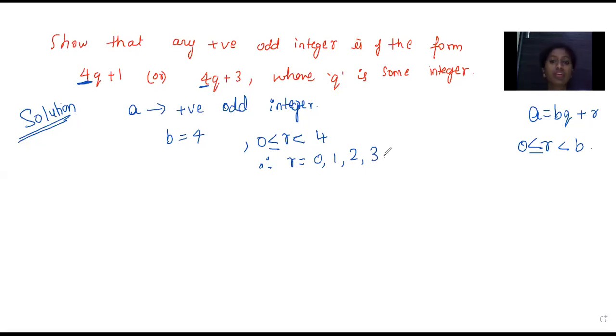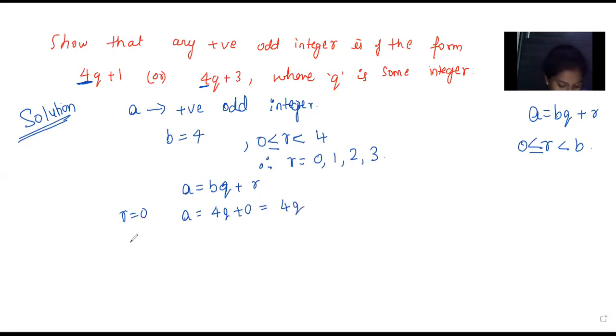It cannot be 4 because r should be less than 4, not equal to 4. So I take the values r equal to 0, 1, 2, 3. Now I apply these values in a equals bq plus r. Put r as 0: a is equal to 4q plus 0, which is 4q.